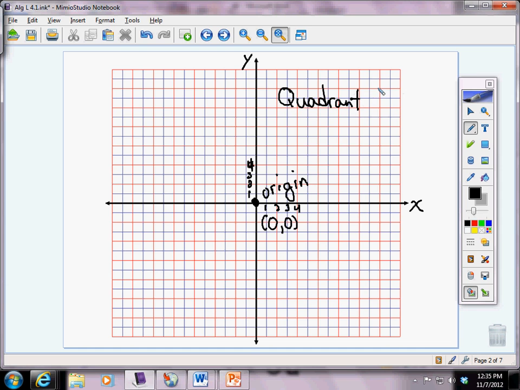And we use Roman numerals to describe the quadrants. Now, the quadrants actually go in a counterclockwise direction. What I mean is this over here is actually quadrant 2. Now, quadrant 2 is made up, again, of our positive y values, our positive vertical axis values, but then our negative x values. Moving along still in a counterclockwise direction, if you get down here into our negative quadrant, this is quadrant 3.